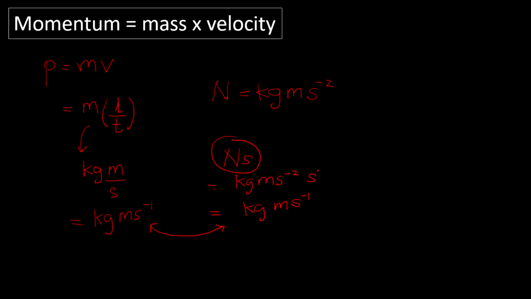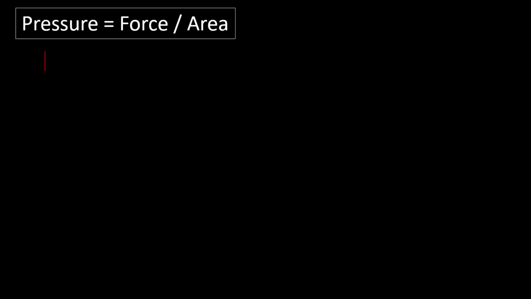Okay, interesting, right? Pressure equals force over area. Still, I'm using the symbol capital P for pressure, capital F for force, capital A for area. Now, from here, substitute the formula. Force equals mass times acceleration. Area is length times width, so that one is just like length square.